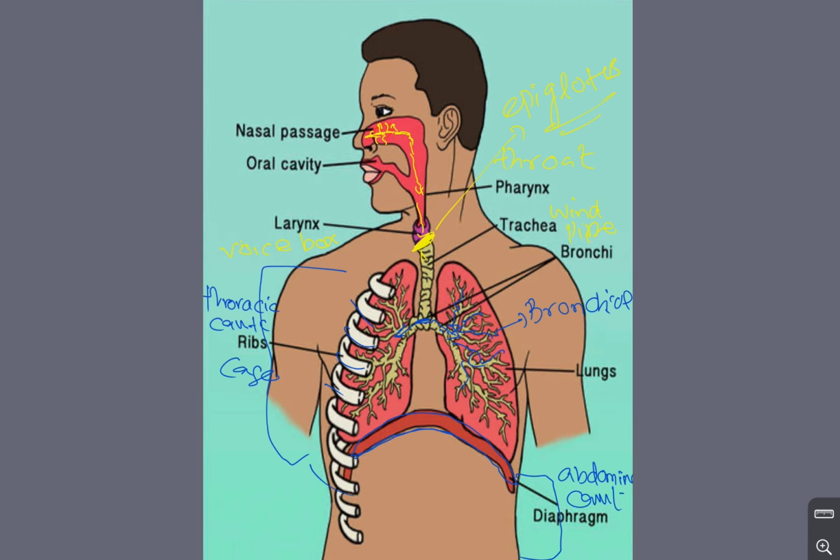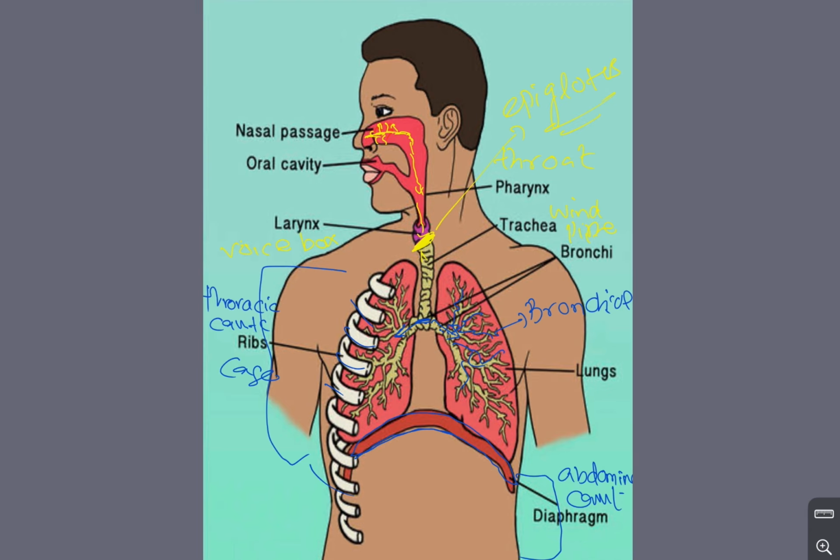So between the thoracic cavity and abdominal cavity we have a muscle called the diaphragm, and it is very important in the process of breathing, because the movement of this muscle is responsible for moving air into and out of the lungs. Understand?